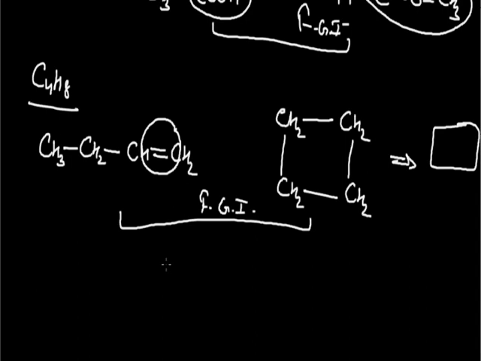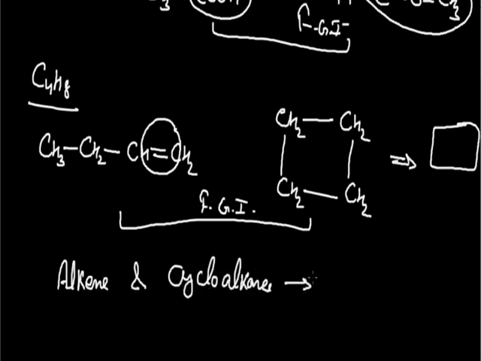Finally, we can conclude that those compounds which follow the same general formula will show functional group isomerism. Alkene will always show functional group isomerism with cycloalkane, since they both follow the same general formula, CnH2n.